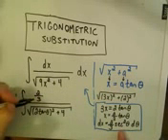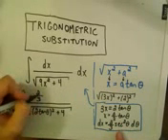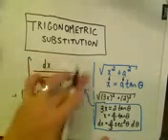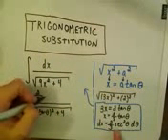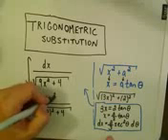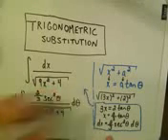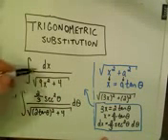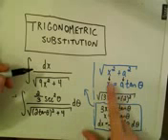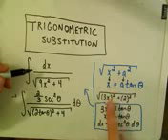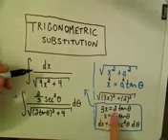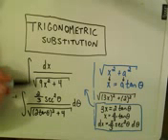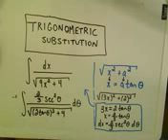Okay, so again, I'm picking my substitution, and then basically just calculating your dx from that, and then plugging that into your integral.